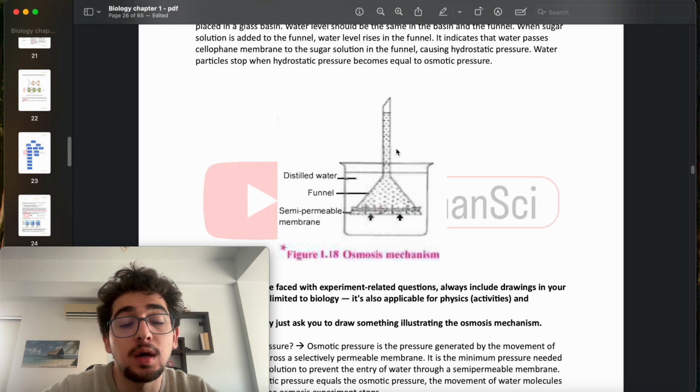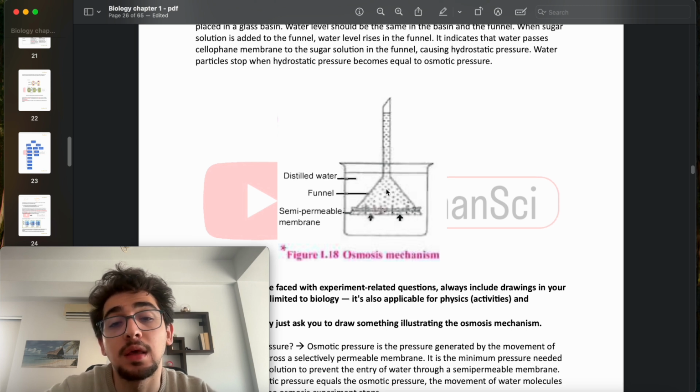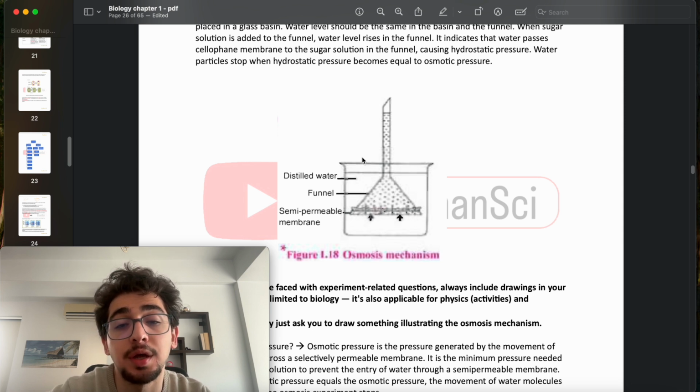We will fill both the funnel and the basin with water, equal in both the basin and the funnel, at an equal level. And then if we add sugar to the funnel, that will cause the concentration of solutes in the funnel to be higher than the concentration of solutes in the basin.